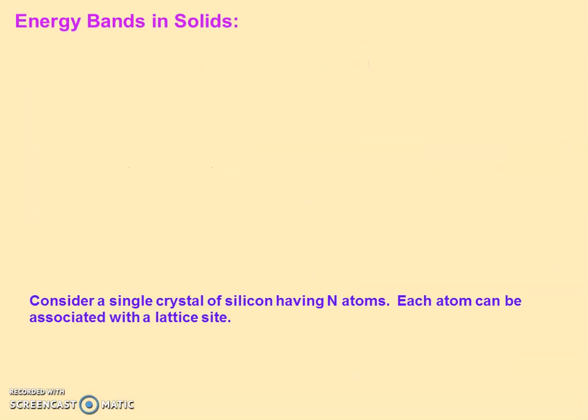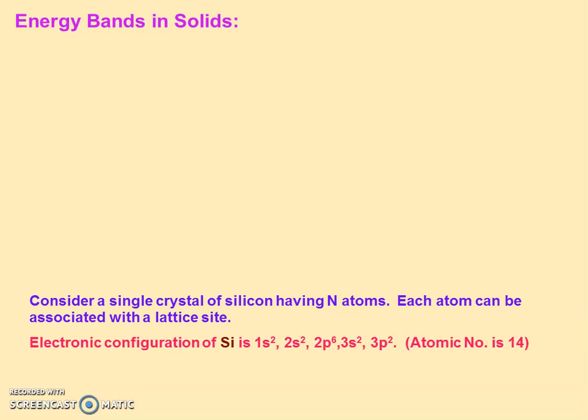Now see, this is an example of silicon. Silicon has 14 electrons, so its configuration is 1s2, 2s2, 2p6, 3s2, 3p2. It means there are 14 energy levels which are filled with electrons and 4 energy levels are vacant, right?